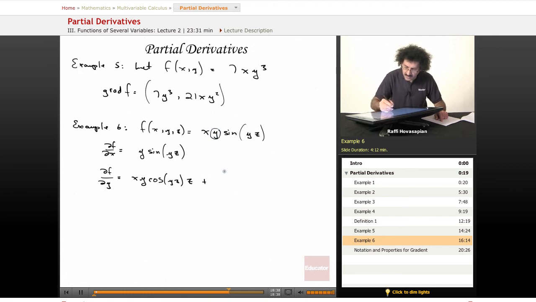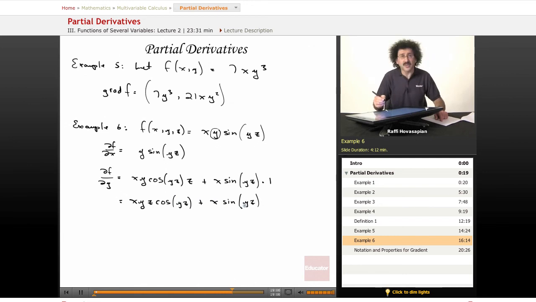So it's going to be plus x sine yz times the derivative of y, which is 1. So that ends up being xy, oops, let's do xyz. So that is xyz times the cosine of yz plus x times the sine of yz.